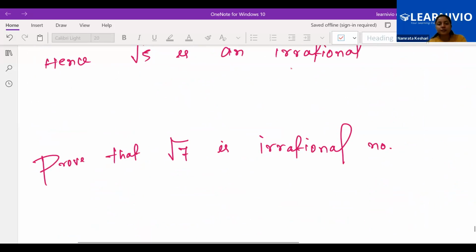Okay, let's move ahead. Rest of the students, please do it and send it to me. Even if you send it after the class, that is fine, but please send it to me.